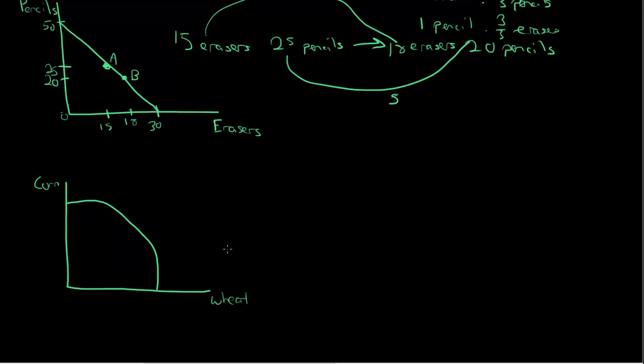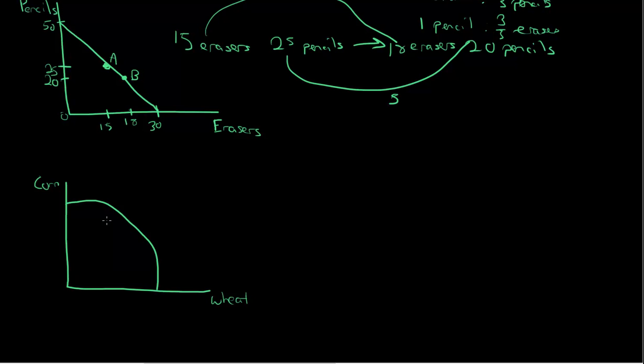Notice, as we first start producing from little corn, the slope is very high because the opportunity cost of wheat is pretty low here and you're producing a lot more corn. But as you get over here, the curve kind of levels off a little bit because the opportunity cost gets much higher. So the opportunity cost is more wheat.